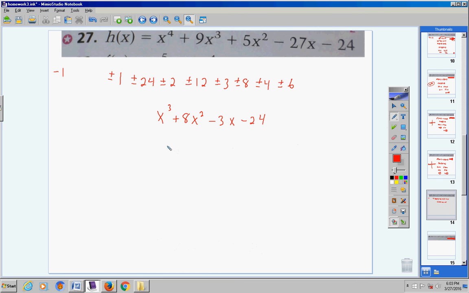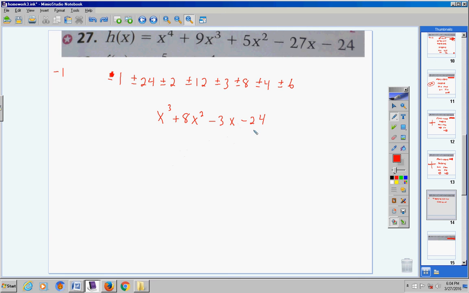If we can't, we're going to have to go back through and test my zeros. Positive 1 doesn't work, so if positive 1 did not work with the original function, it will also not work with this function. However, sometimes you have repeats, so you would have to test negative 1 again in this function, but maybe it's factorable. Let's see if it is.